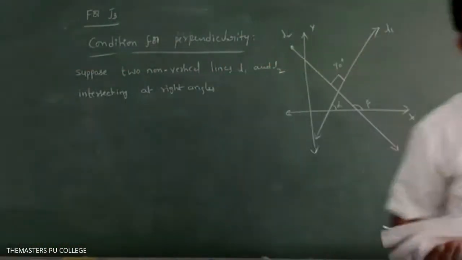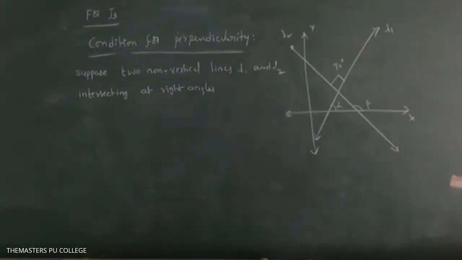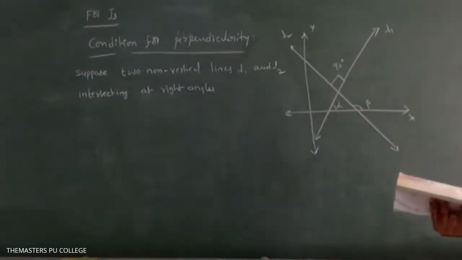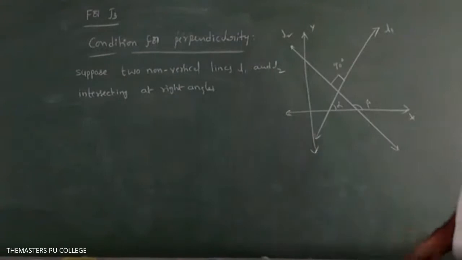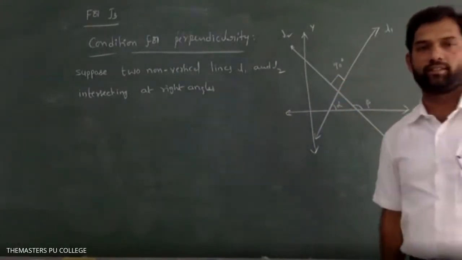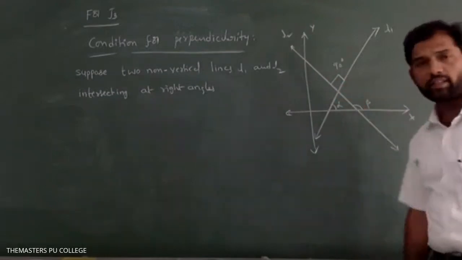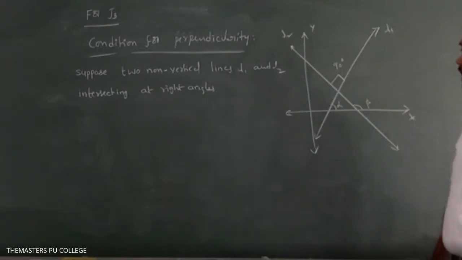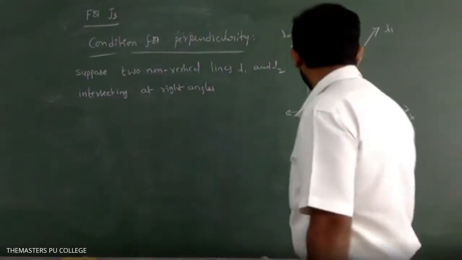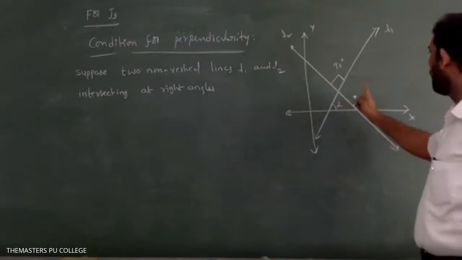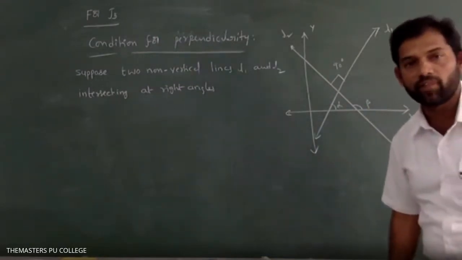See, condition for perpendicularity. Suppose two non-vertical lines L1 and L2 are intersecting at right angles; in between the angle is 90 degrees. Here alpha and beta are the inclinations of the given lines.